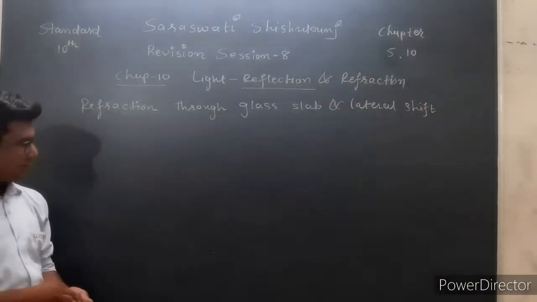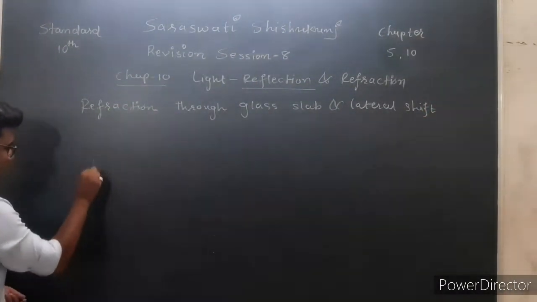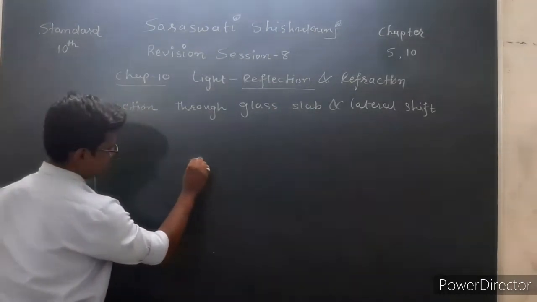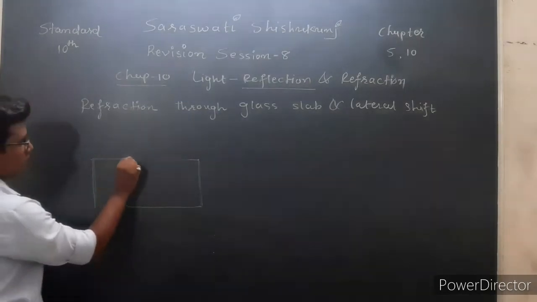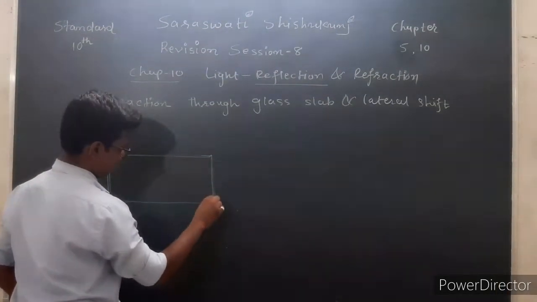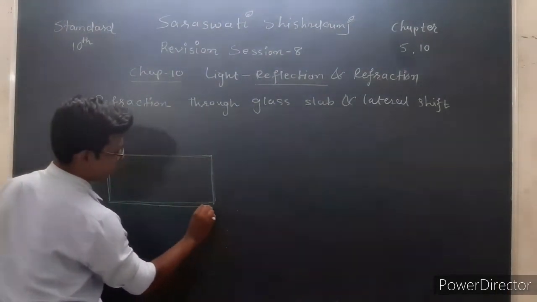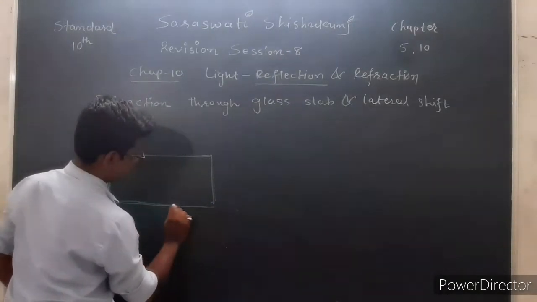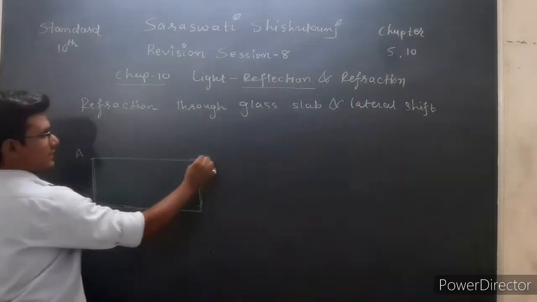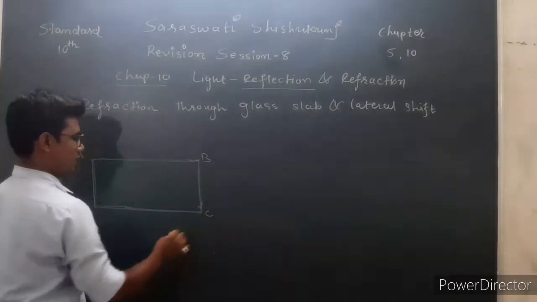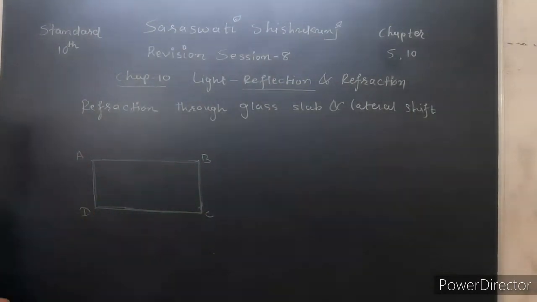Now for that we will require a glass slab. Suppose this is our glass slab here. Our glass slab is named as A, B, C and D.